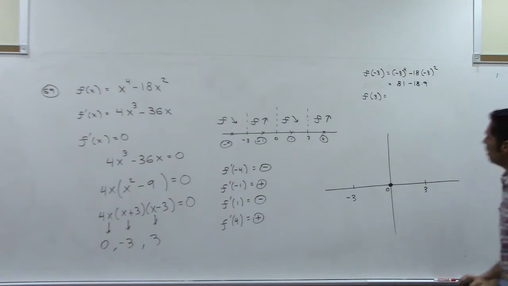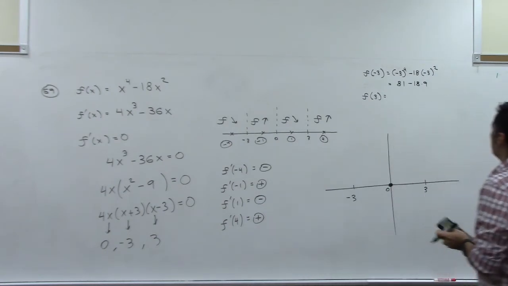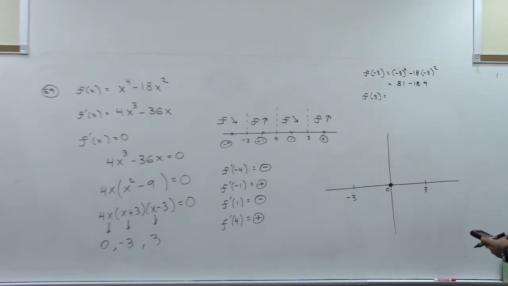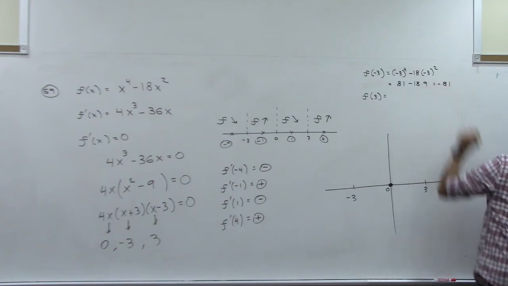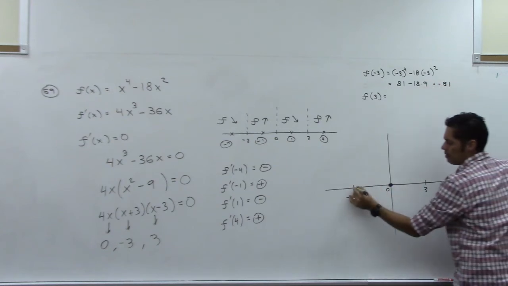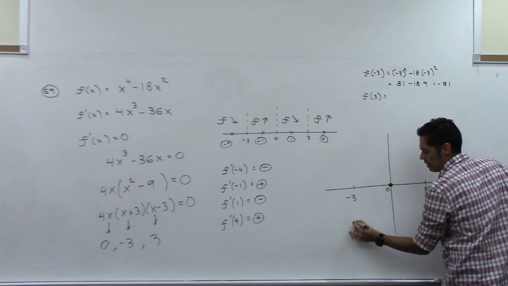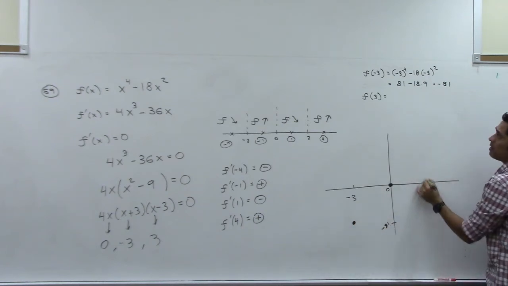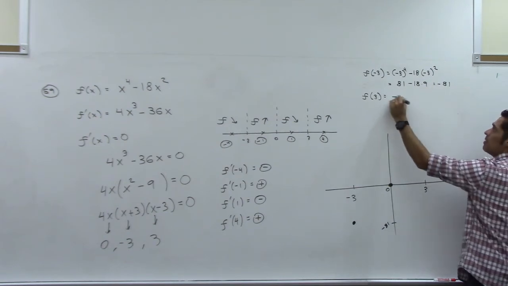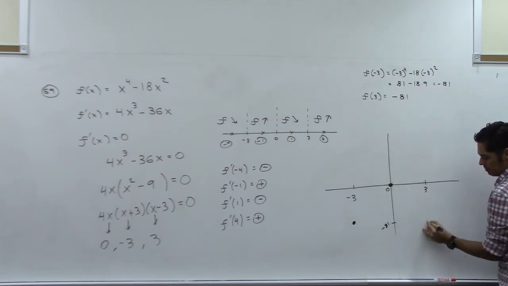So I'm going to get -81. Here at this point, I go down to -81. And here at 3, when we plug 3 in, you're going to get the exact same answer, -81. It's going to be like this.